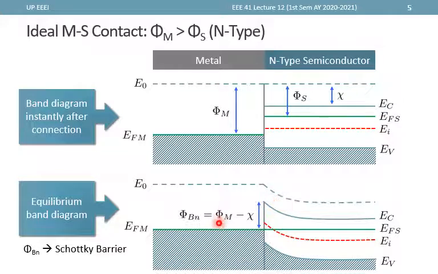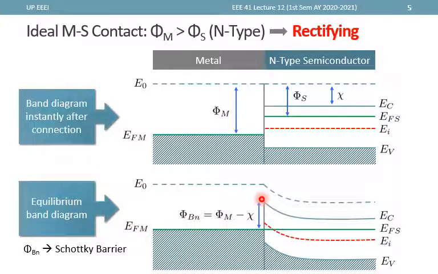So we know that this here is what we call phi Bn, or the Schottky barrier phi B, and N is to denote that this one is N-type, and that is equal to phi M minus chi.